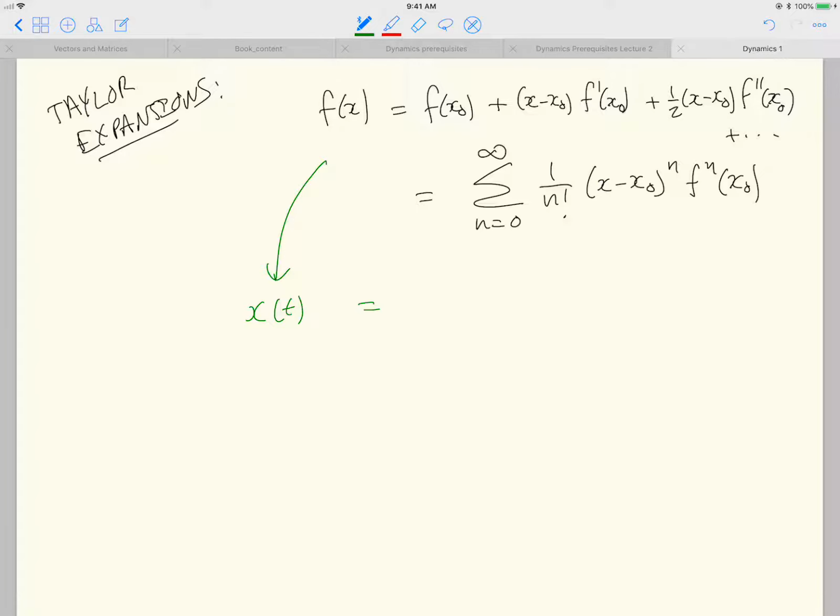So, we could say this is x of t naught plus t minus t naught times x dot evaluated at t naught, plus a half t minus t naught squared x double dot evaluated at t naught, and so on and so forth. And in fact, this t minus t naught, that is delta t. That's our time step.